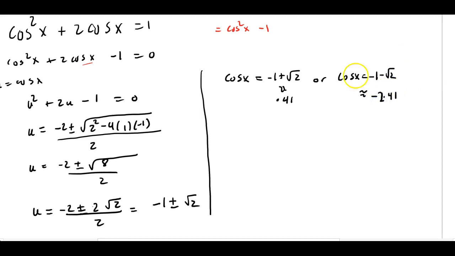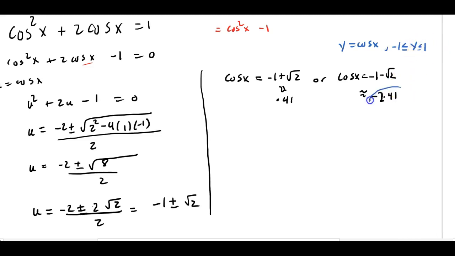Anyway, as I was saying, recall that for y equals cosine x, the value of y always must be between negative 1 and 1. Remember, we call that the range. So the range of cosine is negative 1 to 1.